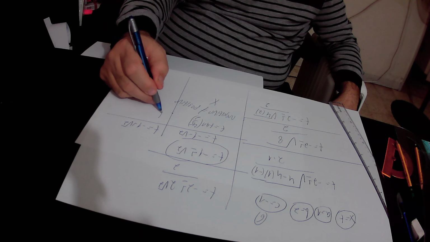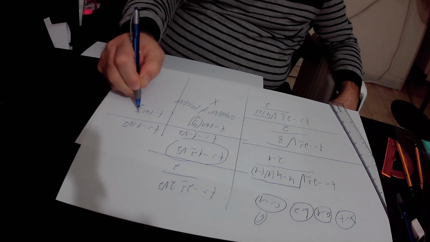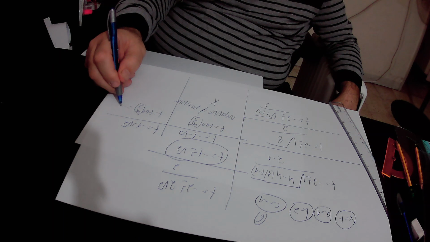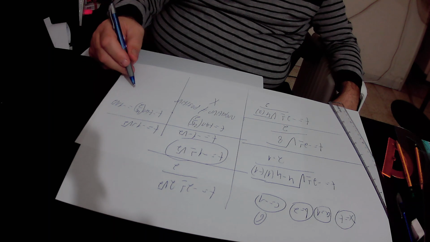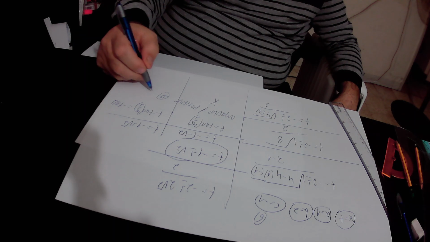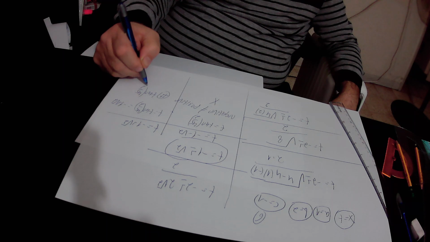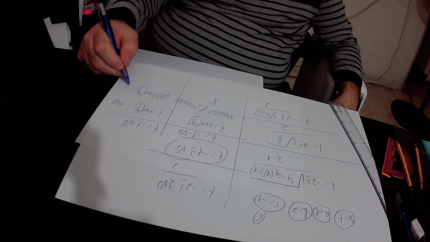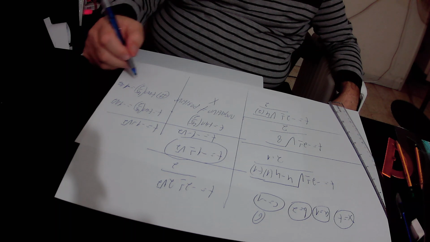According to our definition, t equals tangent of 45 over 2 degrees, and it equals minus 1 plus square root of 2. So this is equation number 2. According to equation number 2, we found out that tangent of 45 over 2 degrees equals minus 1 plus square root of 2.